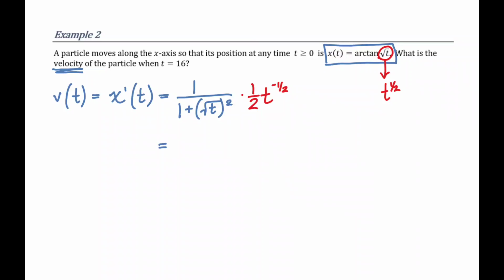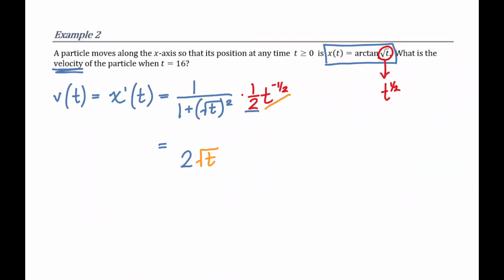So if we work this out a bit, make it a little bit nicer, in the denominator, I'm going to have 2. I'm also going to have root t. Okay, so the 2 came from there. The root t came from what I marked in orange.